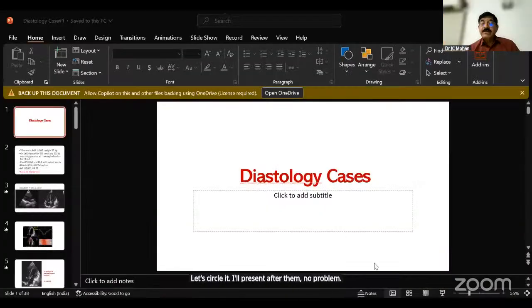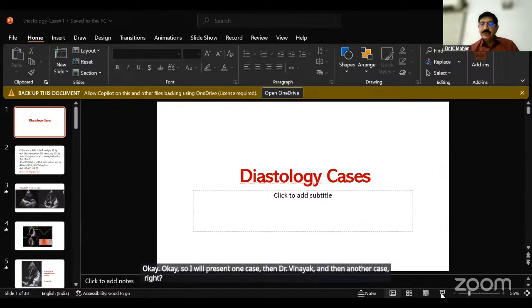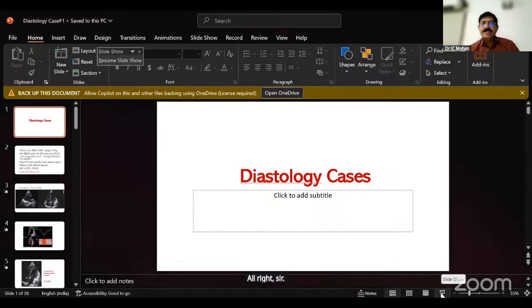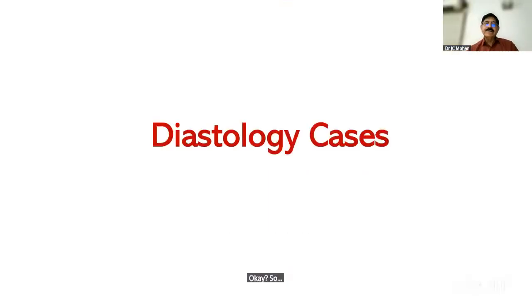Is that okay, Vinayak? Yeah, absolutely. Sir, you always begin the case, and then Dr. Vinayak would alternate with you. Let's go ahead. I'll present after them. No problem. So I will present one case, then Dr. Vinayak, and then another case, right? Okay. All right, sir. So let's get going.